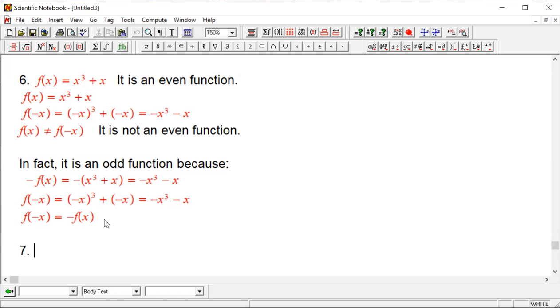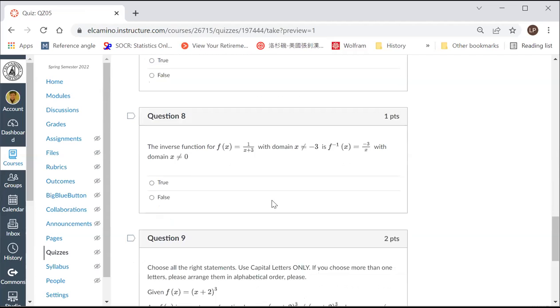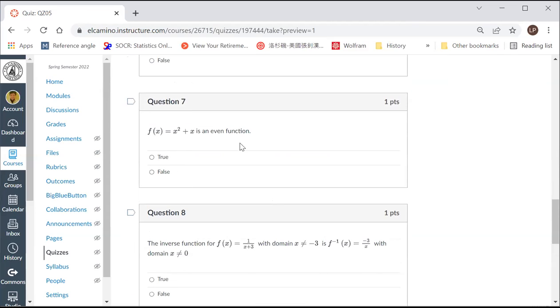Number seven. Let's see what's number 7. It says this is an even function. Is that true or false? This is a homework question. The function we're dealing with is just a little bit different from the previous one. Instead of x raised to the power 3, we have x squared.